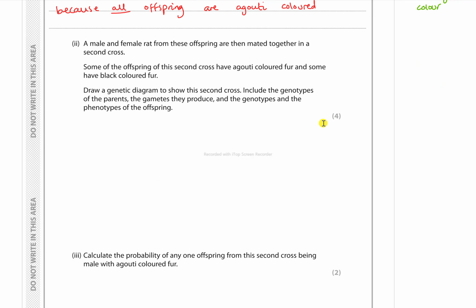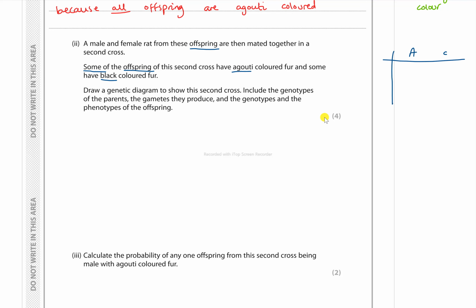Now this really does my head in, but I figured it out. Right, the offspring are mated together. Some offspring have agouti and some have black. So I'm going to do it as a Punnett square.